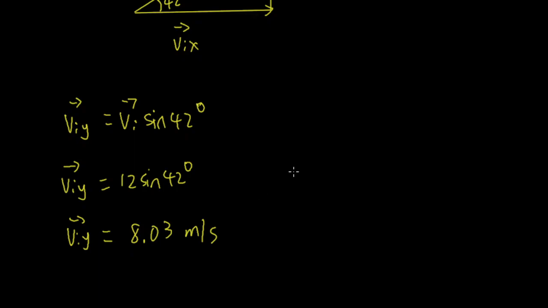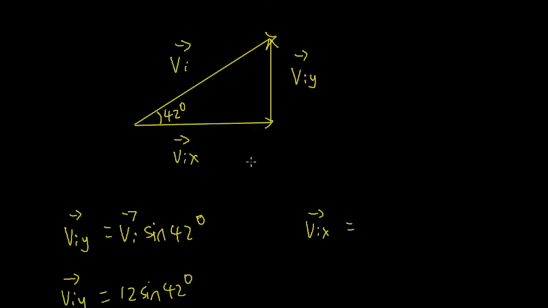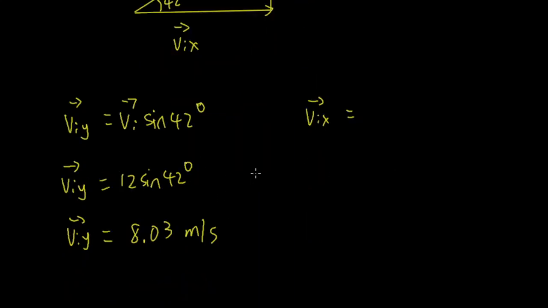Now, let's calculate v initial x as well. What would that be? That will be v initial cosine 42 degrees. V initial x is equal to, now v initial is 12 cosine 42 degrees.